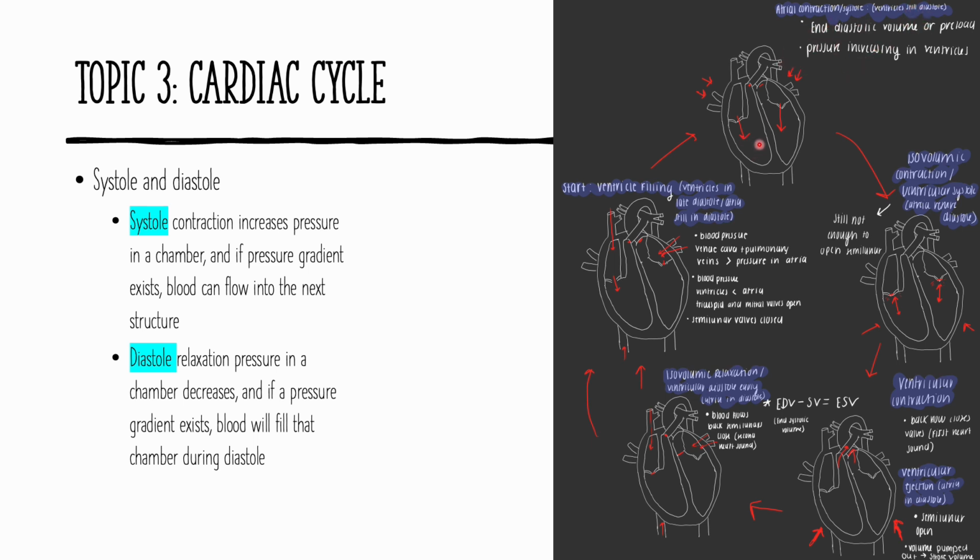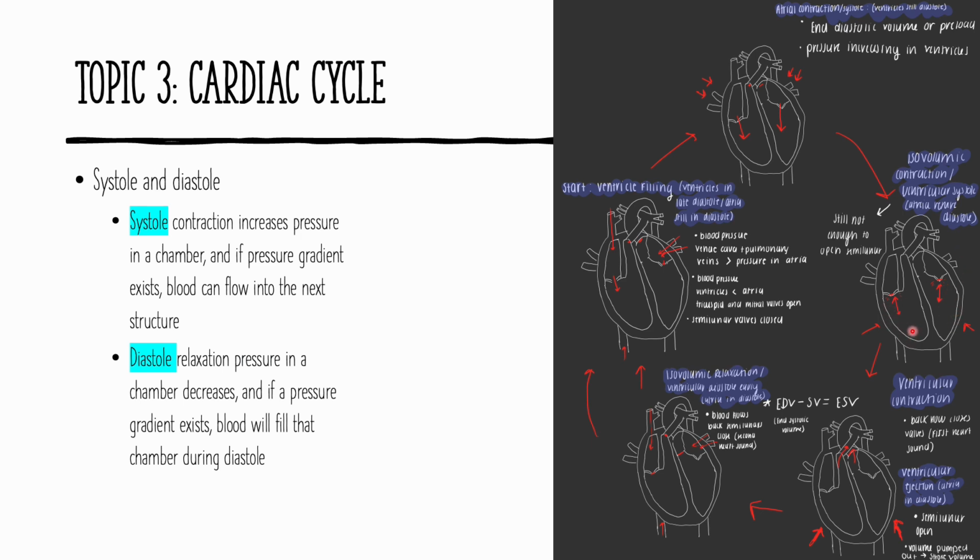So the volume that's in here is called our end diastolic volume, or our preload. And then the pressure is slowly increasing in here as the atria is contracting. So now in our isovolumic contraction / ventricle systole, our atria is now in diastole.